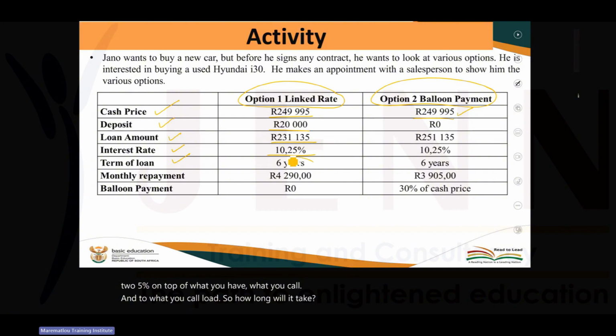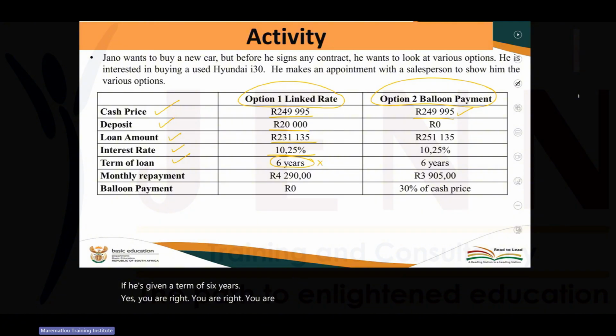So how long will it take? Normally, a car takes 6 years. Remember, the question can say, how many months will he take to pay the car if he's given a term of 6 years? You are right.